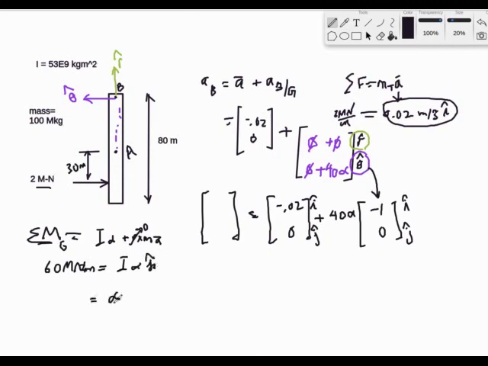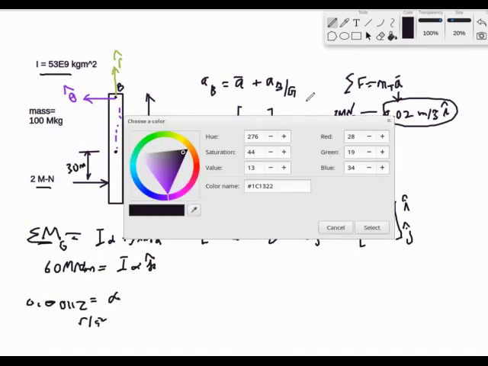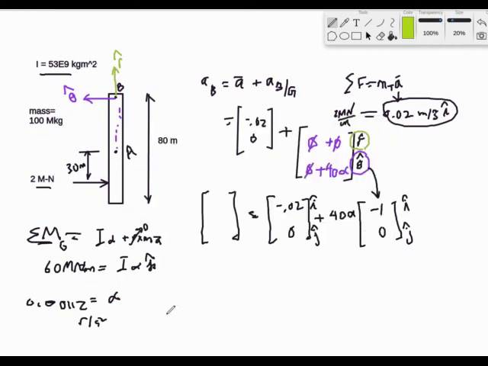So the alpha you could just get by dividing the 60 million by the 53 times 10 to the 9th, and that works out to be 0.00112 radians per second squared, and then take that and plug it in for alpha.